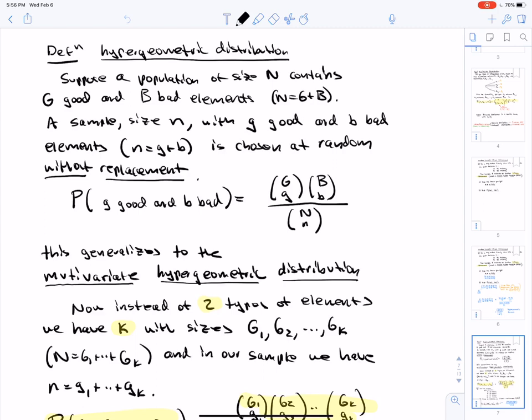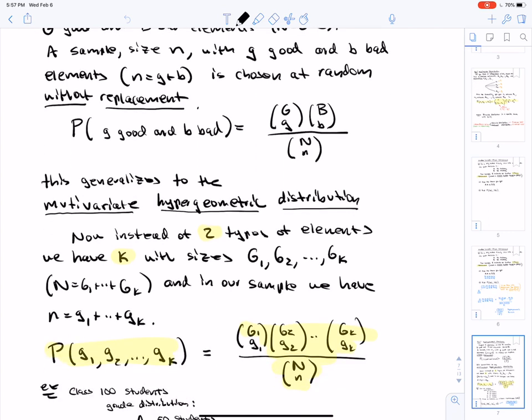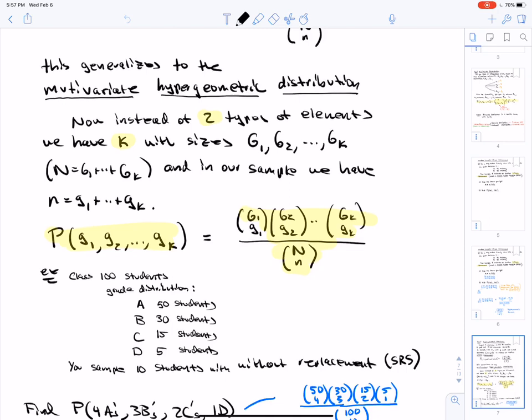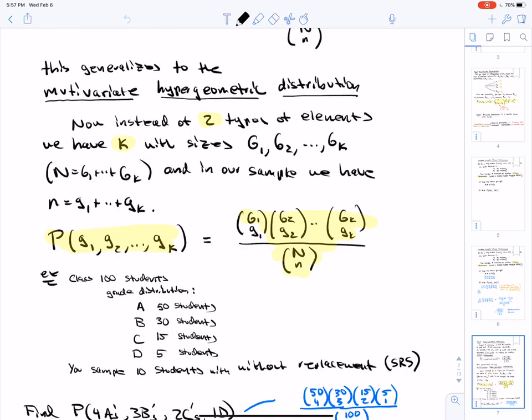Notice that the capital G and the capital B add up to the capital N in the denominator, and the small g, small b add up to the small n in the denominator. So this generalizes to the multivariate hypergeometric, where now instead of 2 types of elements, we have k with sizes g1 to gk.